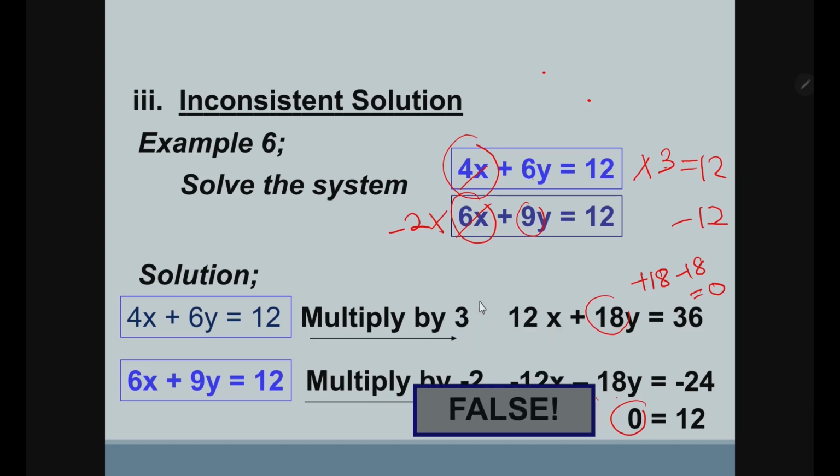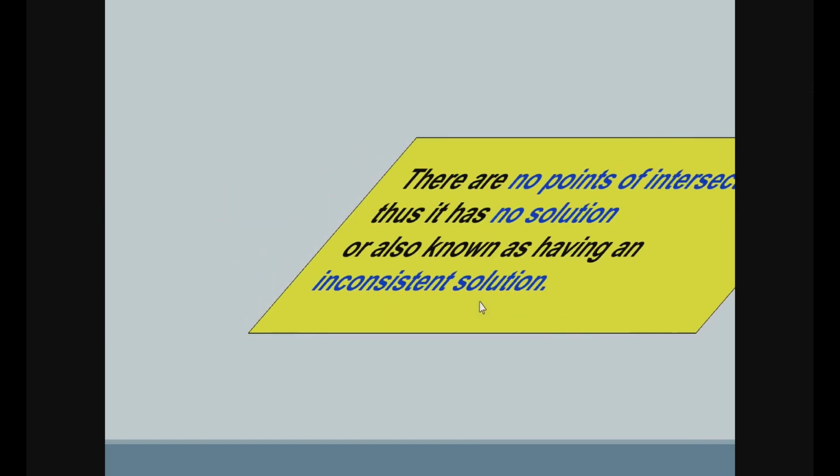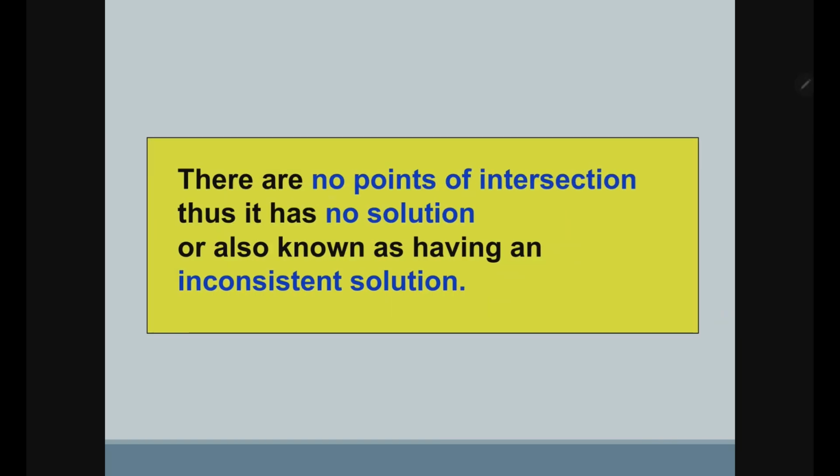False, right? So we can say that there are no points of intersection, thus it has no solution, also known as having an inconsistent solution. If it is inconsistent, it means there is no solution.